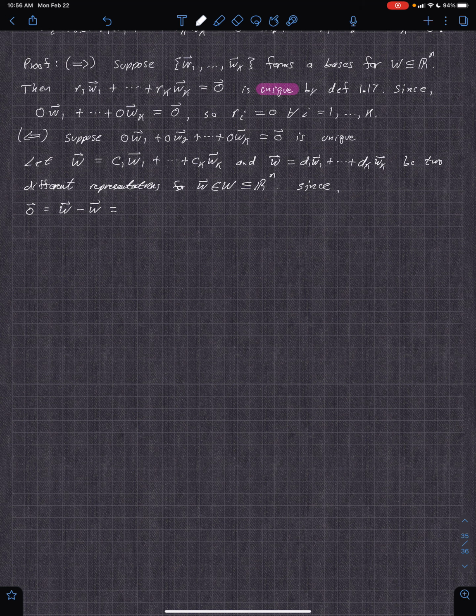We're going to subtract, factor and rearrange, so it'll look like this: (c1 minus d1)w1, etc., all the way to (ck minus dk)wk. So 0 must equal that. And the only way to get that is if c1 minus d1, and so on, are each 0. So each of those must be 0 because of our initial assumption, and we know that has to be true.